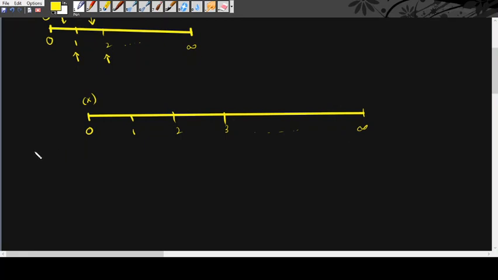So, if a policyholder dies between year 0 and year 1, he will receive $1 at the end of year 1. Dies between 1 and 2, you will receive $1 here. Dies between 2 and 3, $1 here.